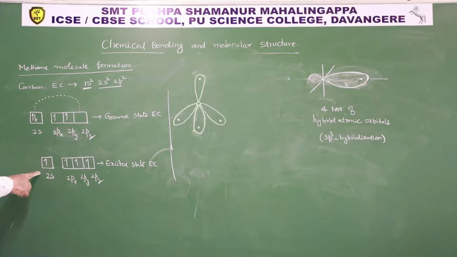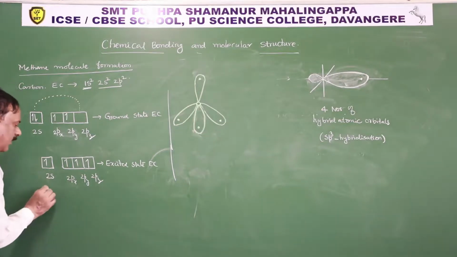Now the excited state electronic configuration is 2s1, 2px1, 2py1 and 2pz1. Here we have 1 s atomic orbital and 3 p atomic orbitals, which leads to the formation of 4 sp3 hybrid atomic orbitals. Is it clear?